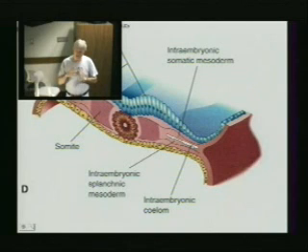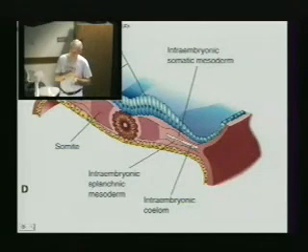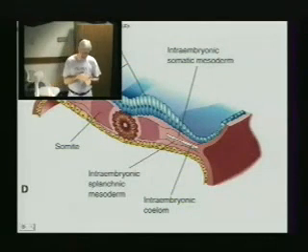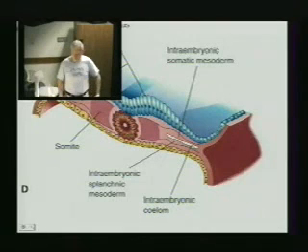The cells nearby are going to secrete or allow the accumulation of extracellular fluid, interstitial fluid, and the cells will let go of each other. They won't have tight junctions, and so that fluid will accumulate, and you have a body cavity, a potential anatomical space with just a little bit of fluid accumulated there.